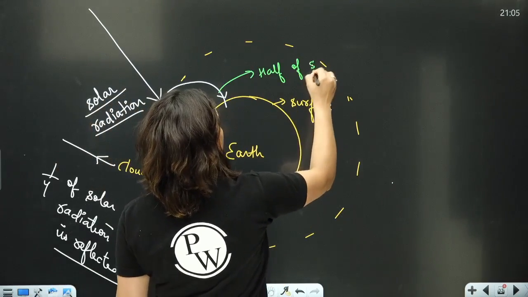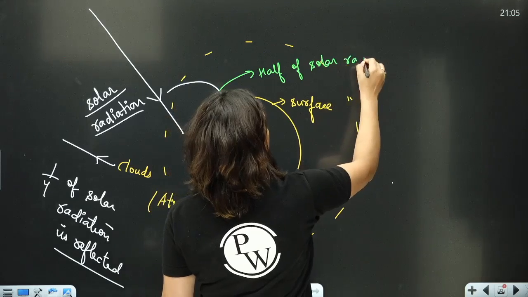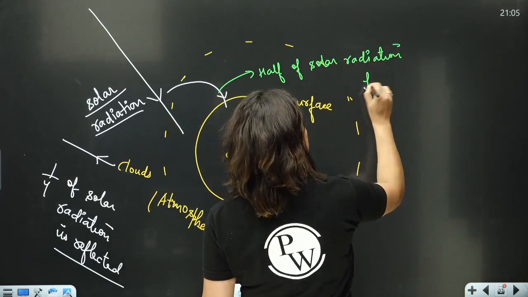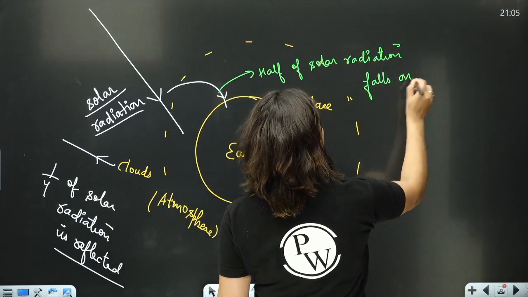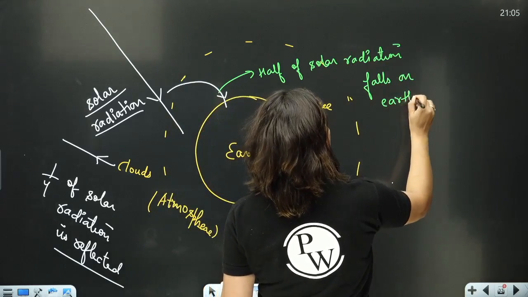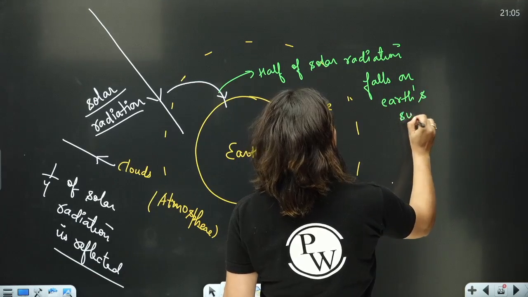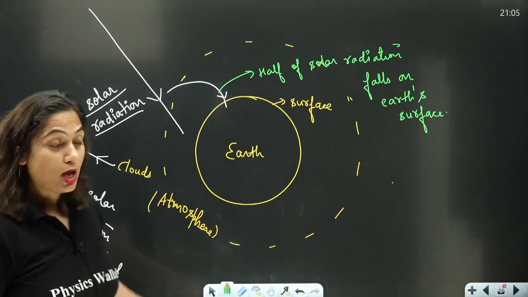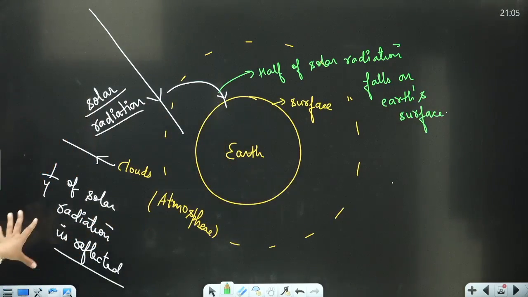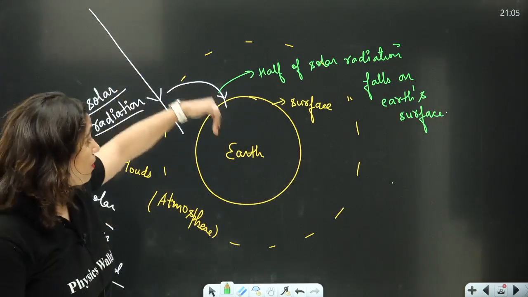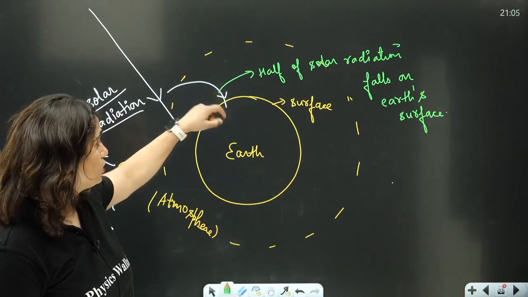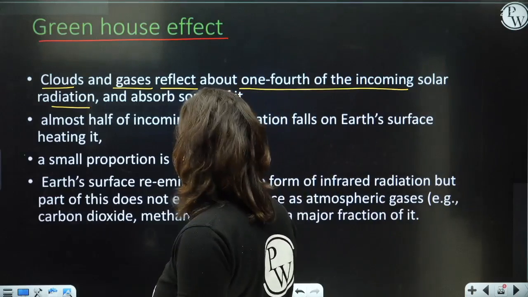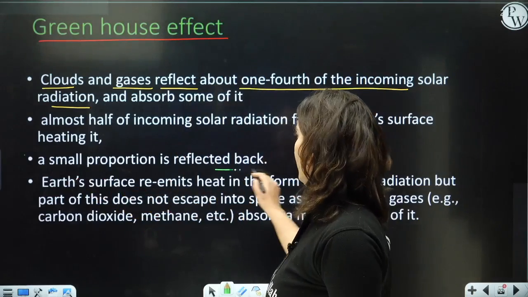Half of solar radiation falls on Earth's surface. So about 1/4 is reflected by the clouds. About half of the solar radiation falls on the surface of the Earth, right? A small proportion is reflected back.